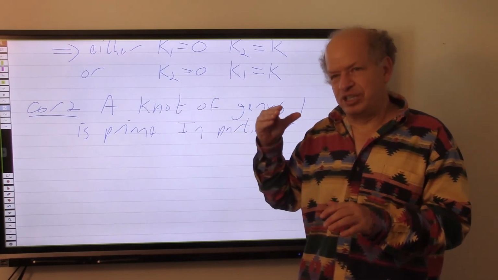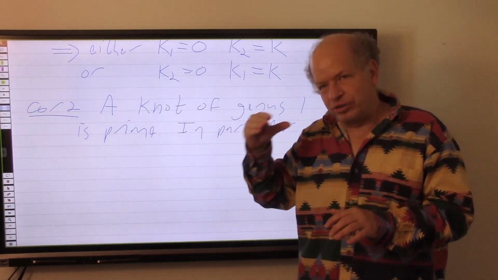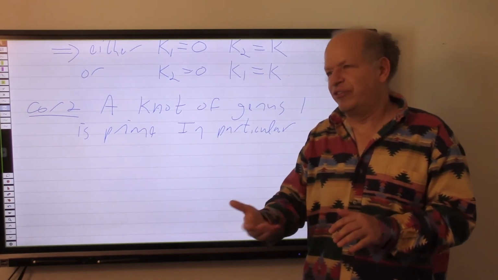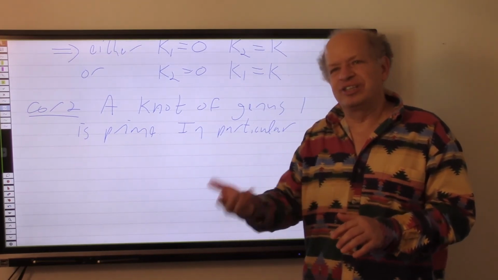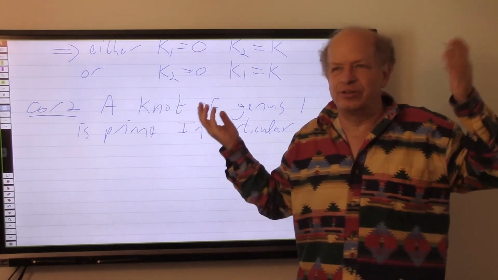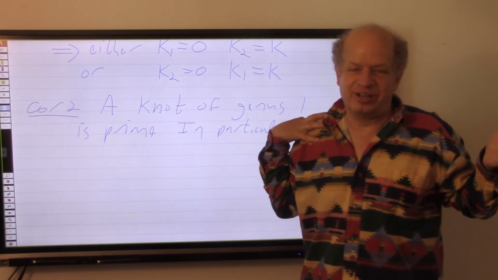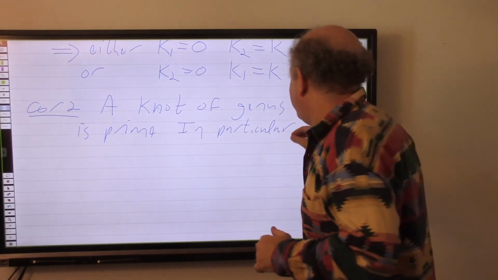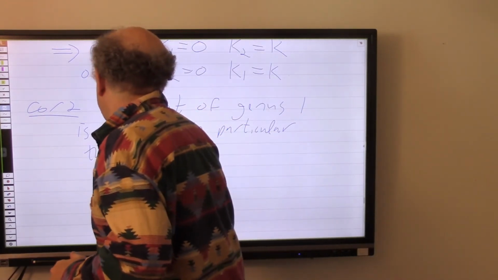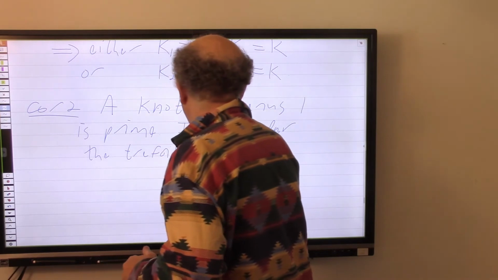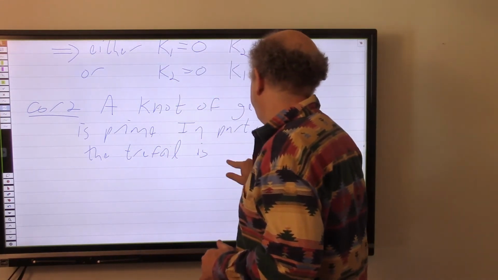But the genus of the trefoil is not equal to 0, because if it was 0, the trefoil would have to be trivial. And we know that the trefoil is not trivial because we've computed its various invariants, and they're not trivial. It has 3-coloring. So in particular, the trefoil is prime.